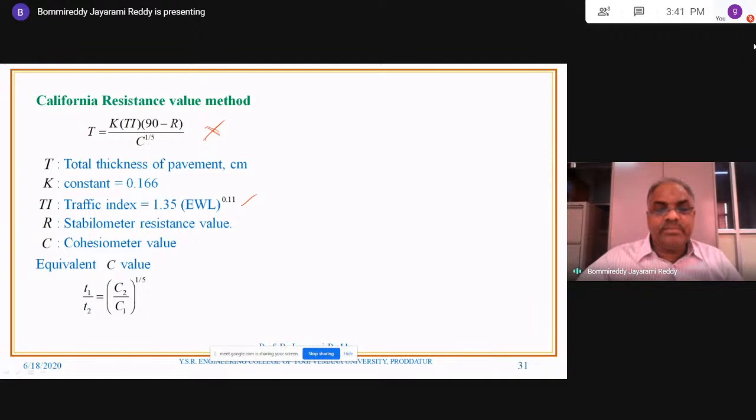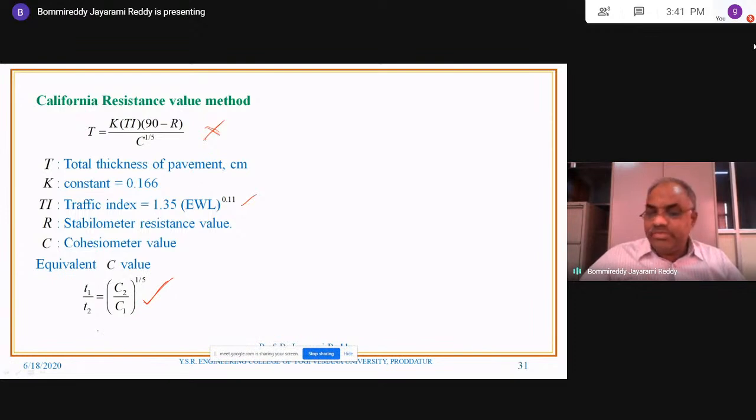Have an idea of it, and at the most the questions asked will be like this. C is the cohesiometer value. T1 is the thickness corresponding to C1 value. T2 is the thickness of the pavement corresponding to C2. At the most, if a question appears in the exam, it is based on this only.